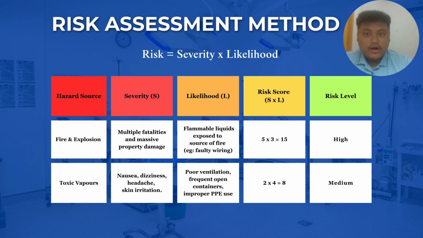The risk level of the hazard can be classified as high. Besides that, toxic vapor can have a severe impact on our health, such as nausea, dizziness, headache, and skin irritation. Common mistakes such as poor ventilation, frequently opened containers, and improper PPE use will lead to this hazard. The risk level of the hazard is medium.